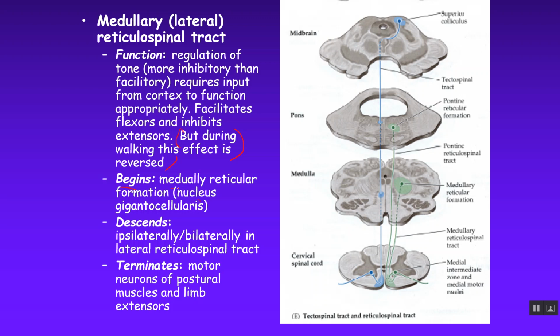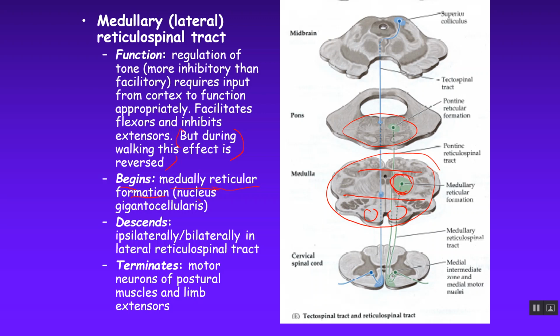It begins in the medulla, in the medullary reticular formation. So here's the medulla right here. This is pons still up here. This is the medulla. These are the pyramids right here. So this is the reticular formation. That reticular formation is in the tegmentum, in that middle section of the medulla.